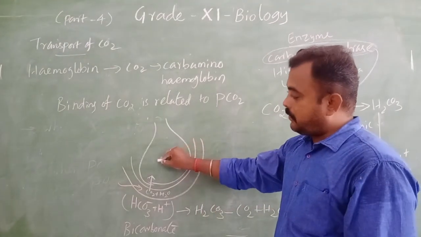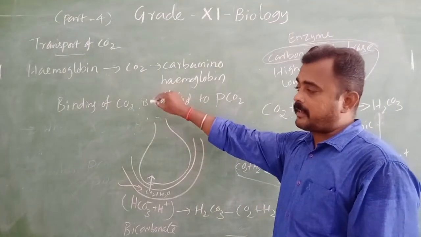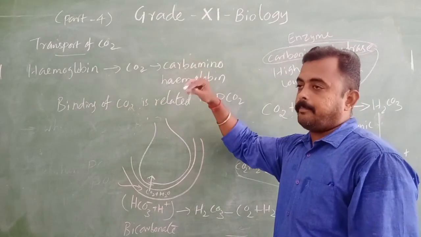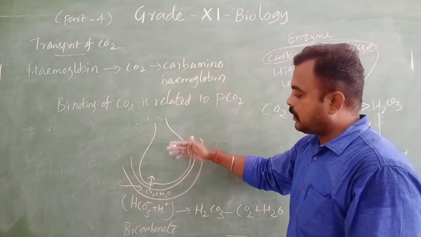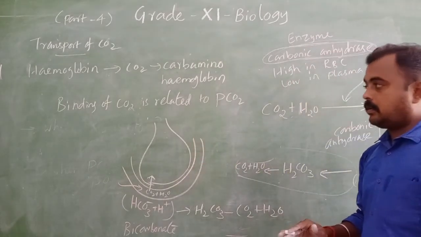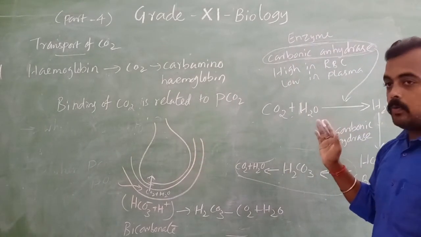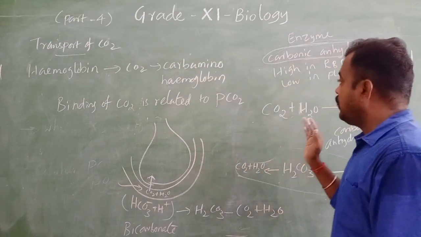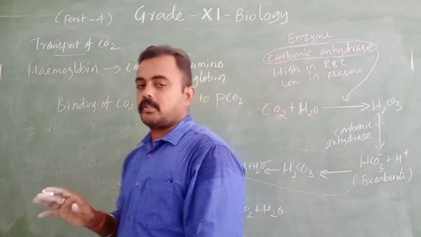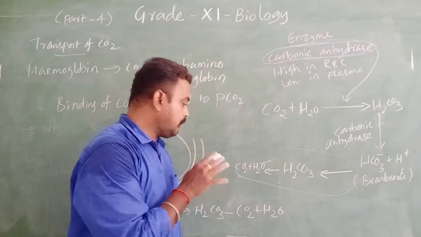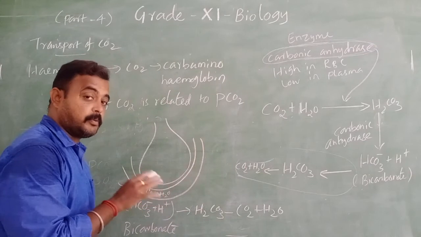Alveoli, then bronchioles, bronchi, trachea, pharynx, then nostrils. Through the nostrils, the carbon dioxide is released. I think you all understand that. The role of bicarbonate here is very important.